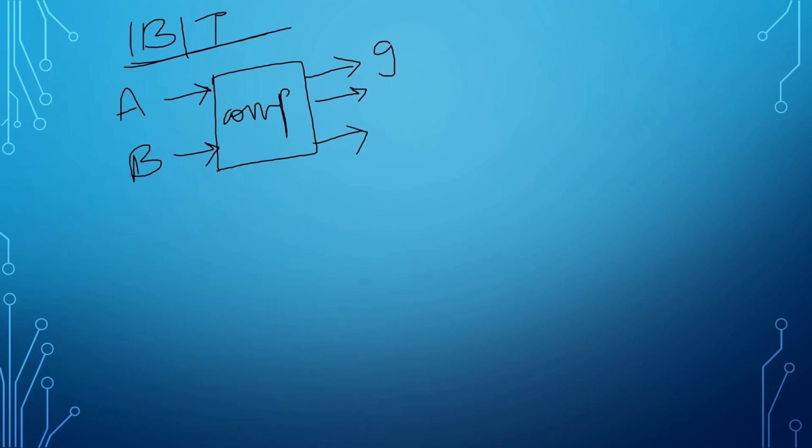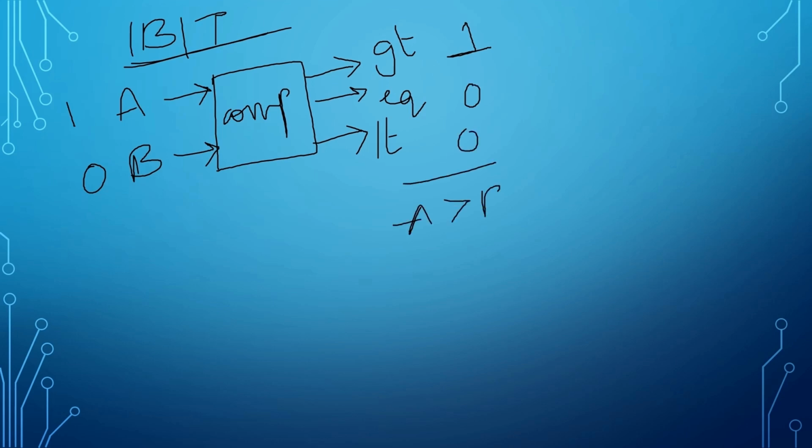Either greater than, equal to, or less than, right? So first we will think, when A is 1 and B is 0, A is greater than B, right? So the greater than output becomes 1. These two outputs become 0. This is for the case of A greater than B.